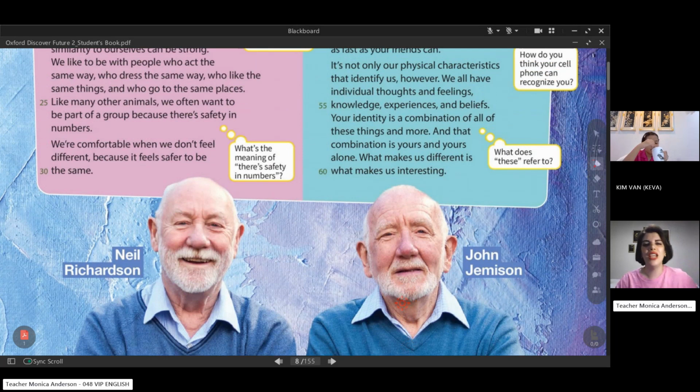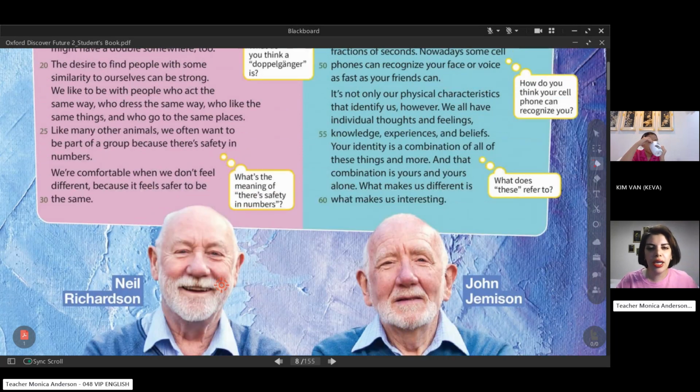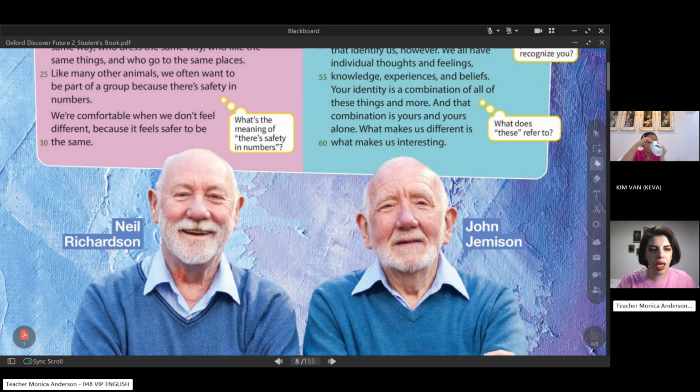Very good, straight. Oh, look at these two. Look, Nay Richardson, John Jameson. Oh, exactly the same. Ah, they're twins. It's really interesting. Exactly the same.